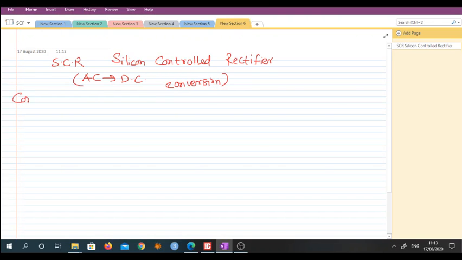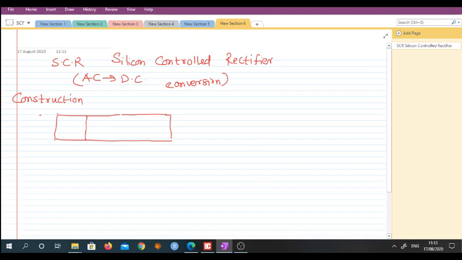If we look at the constructional details or architecture, this device has four layers like this. So I will show it here.